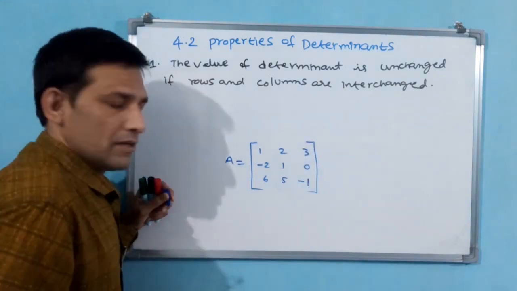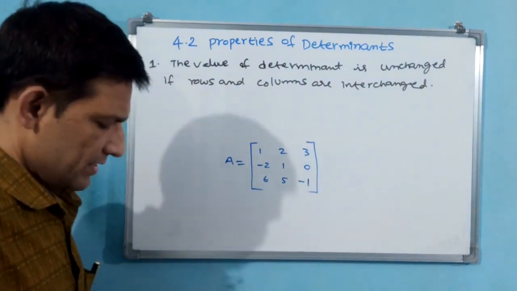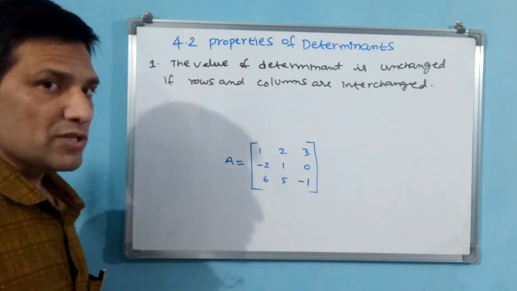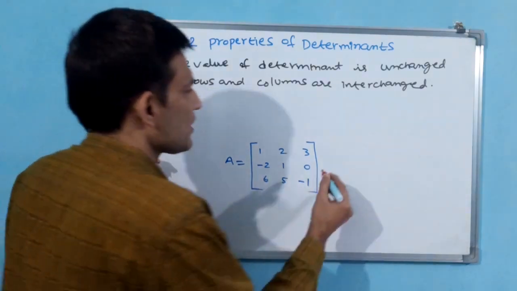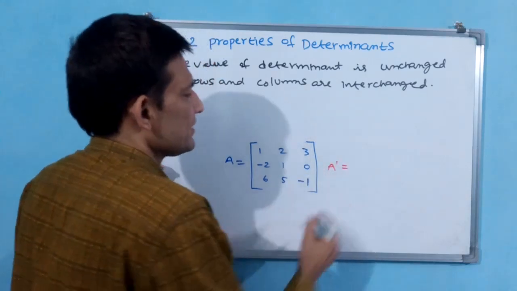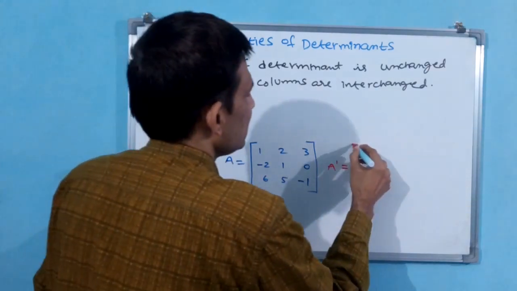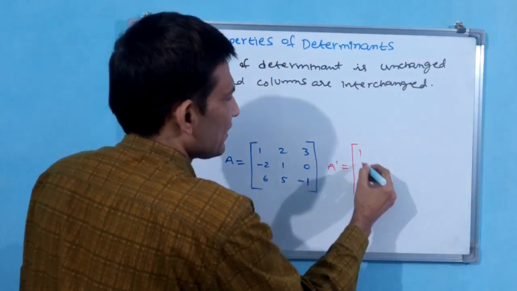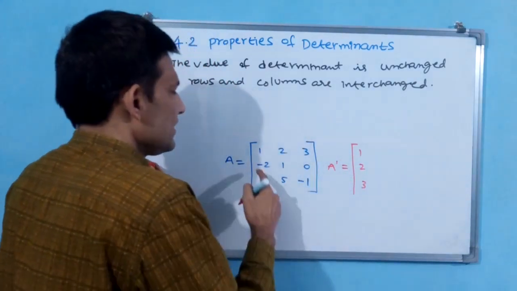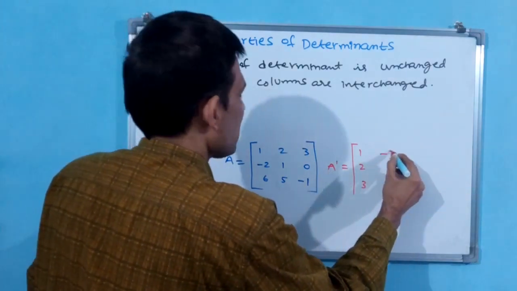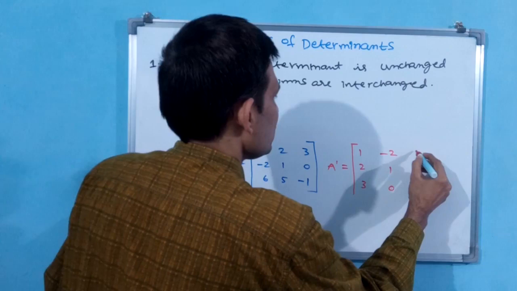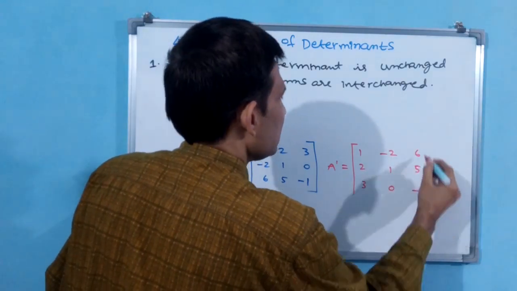Interchanging of rows and columns means transpose in a matrix. Normally we write A transpose is equal to: the first row is going to become the first column, 1, 2, 3. The second row becomes the second column, -2, 1, 0. The third row becomes the third column, 6, 5, -1.